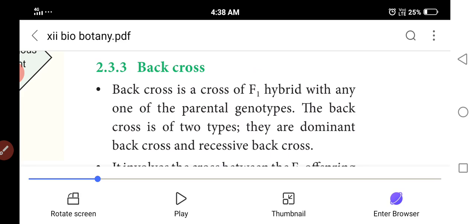The F1 generation is crossed with a parent, but a test cross is crossed with the recessive parent only, whereas a backcross is crossed with the parental character.